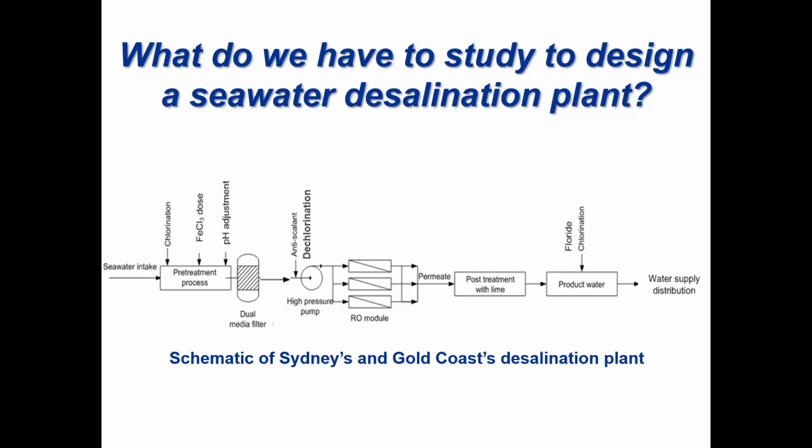And go for the post treatment with lime. What's the lime? CaCO3, right? Ca(OH)2. So calcium. Lime is a buffer solution. What happens is that seawater reverse osmosis removes all the salt, right?